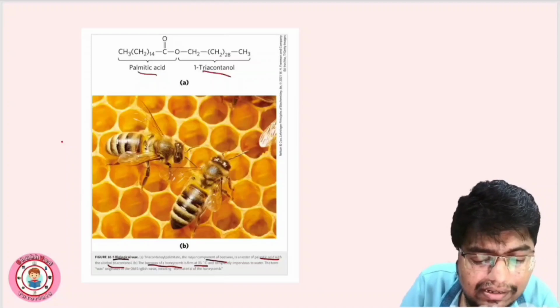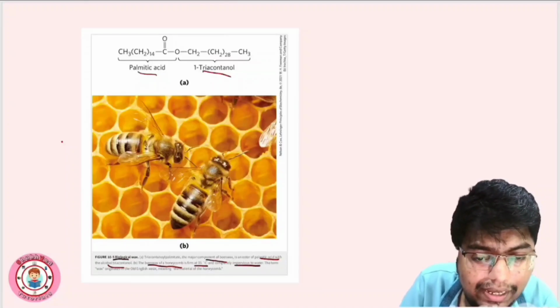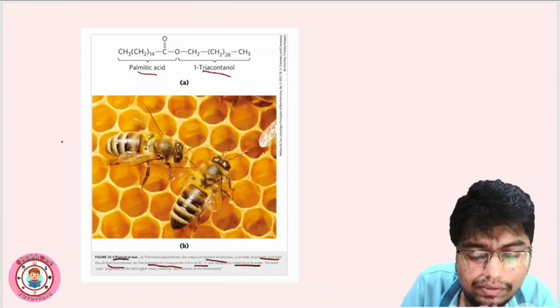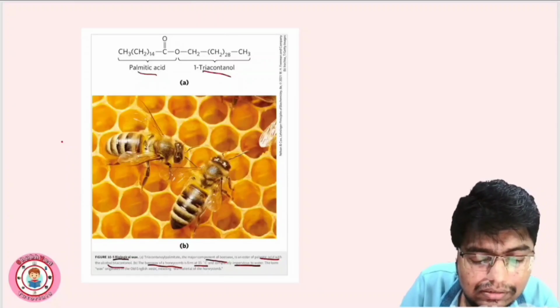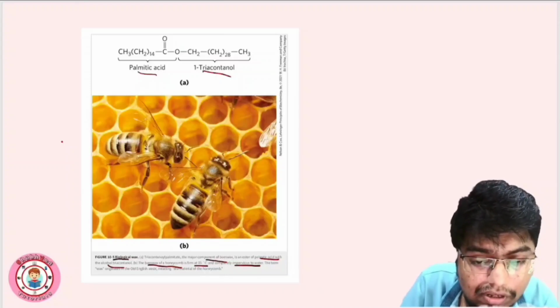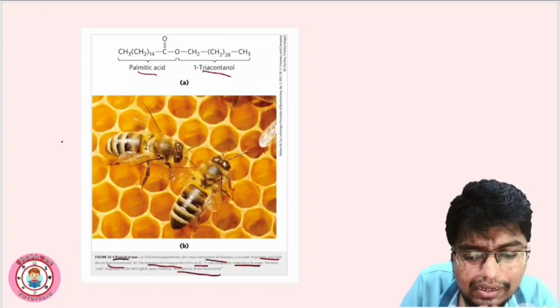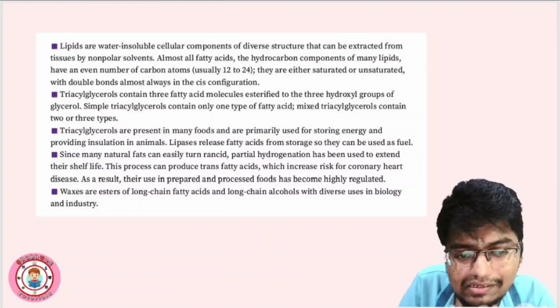So 25 degrees Celsius is the room temperature, completely impervious to water. Okay, impervious to water means it does not allow water to enter. The term wax originates in the Old English "viox", meaning the material of the honeycomb. Okay, just an idea.